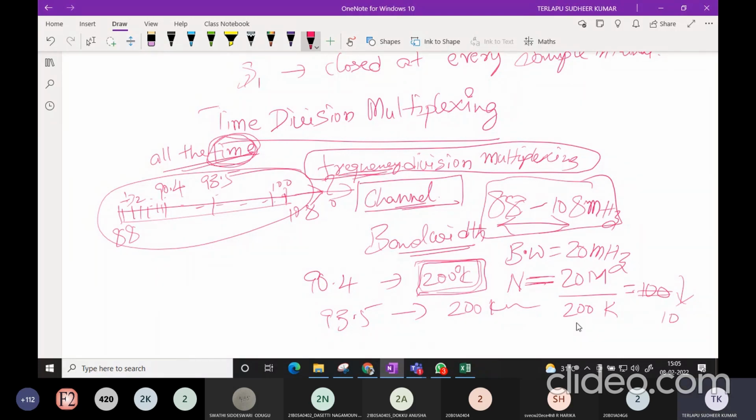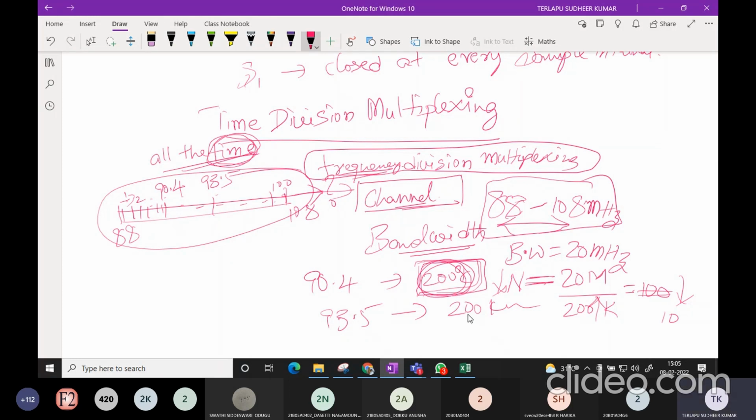That means bandwidth is limited, but we can transmit all the time. If channel bandwidth increases, number of channels decreases. Try to understand. If channel bandwidth increases, number of channels decreases. That is the disadvantage of frequency division multiplexing.